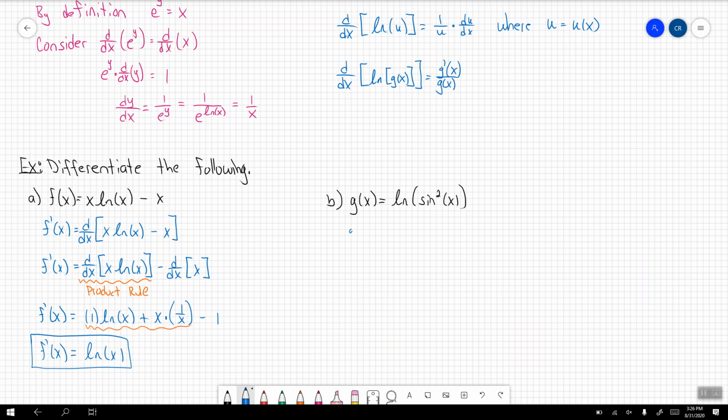Taking the derivative here, again, x is my variable, so I take my derivative with respect to that variable, and this is going to be the derivative with respect to x of the function natural log of sine squared of x, as such. Okay, let's keep going.